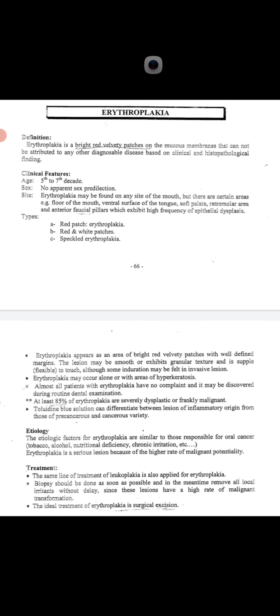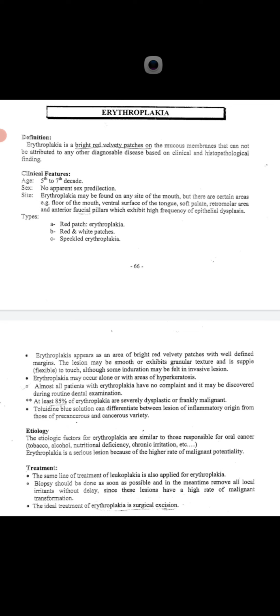Now come to the clinical features. First, age. Erythroplakia occurs from the 5th to 7th decade, meaning about 50 to 70 years. Sex: there is no apparent sex predilection, meaning it occurs equally in males and females. Next is the site.